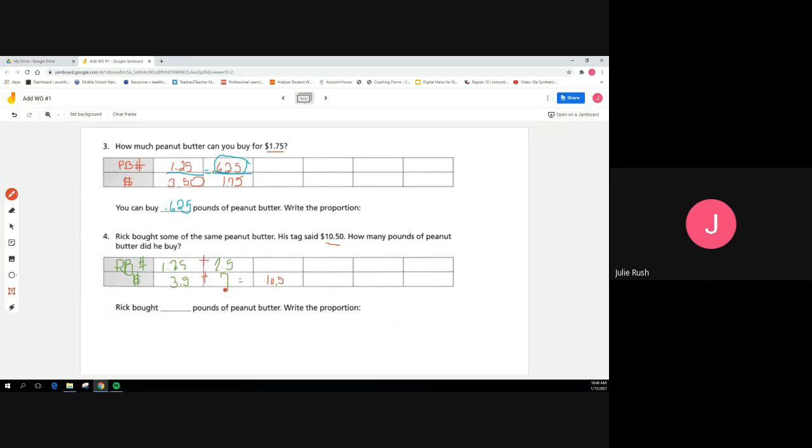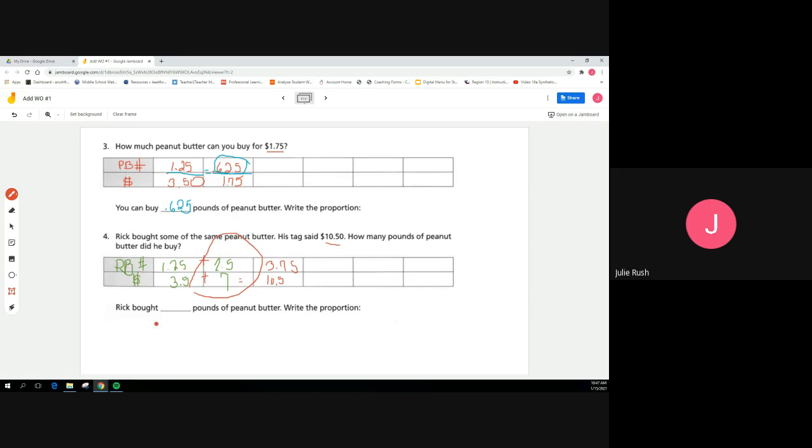So if I added these two columns, then I need to add the corresponding row. 1.25 and 2.5 gives me 3.75 pounds. So again, if I had just written the traditional proportion, I wouldn't have used that column right there. And I would have done 1.25 or 3.5 times 3.75, and so on, right?